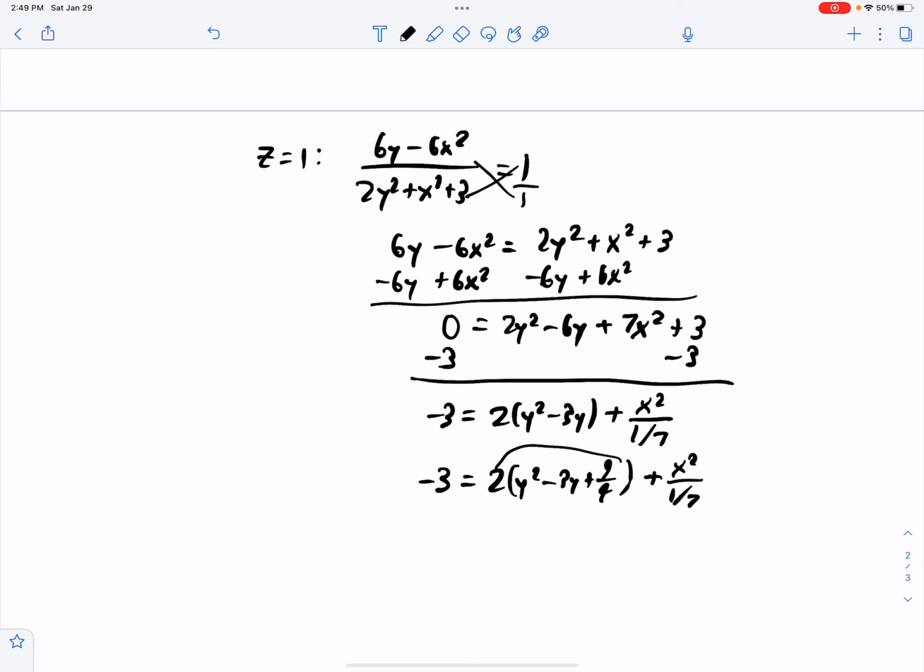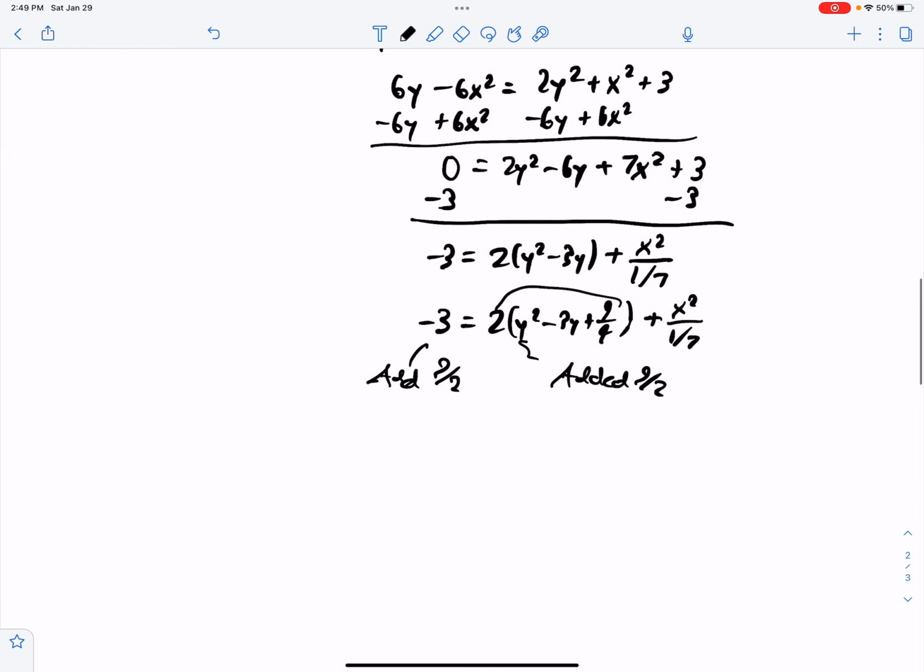Okay, now we basically added 9/2 to the right-hand side, so we've got to add 9/2 over here. So when we do that, we get a -3 plus 9/2, and a 2 times a quantity y minus 3/2 quantity squared plus x squared over a 7th.